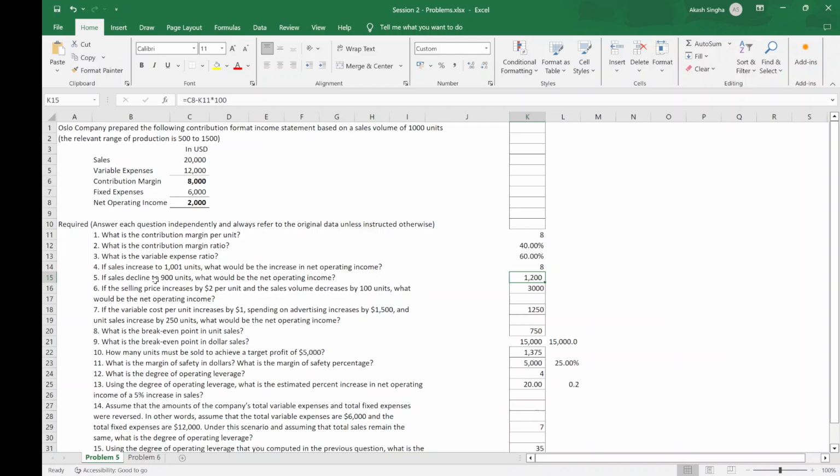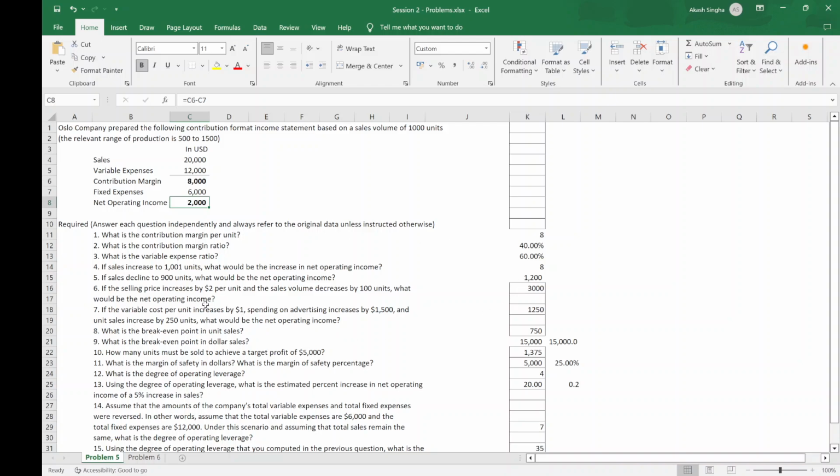And the fifth one, if sales decline to 900 units, what would be the net operating income? So contribution margin will be 100 less, so 800 less. So new operating income will be 2000 minus 800, which is 1200.